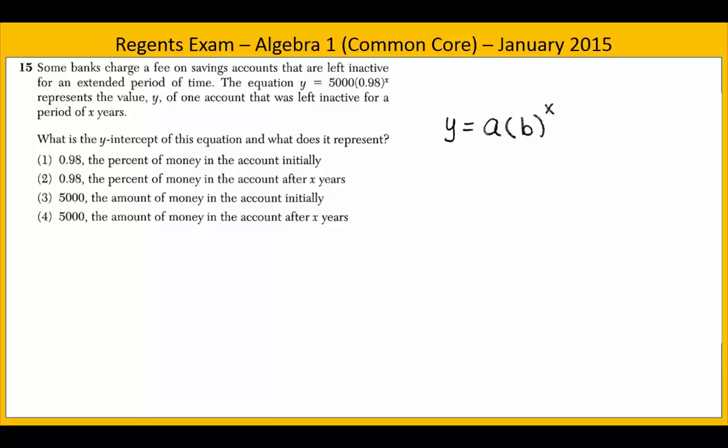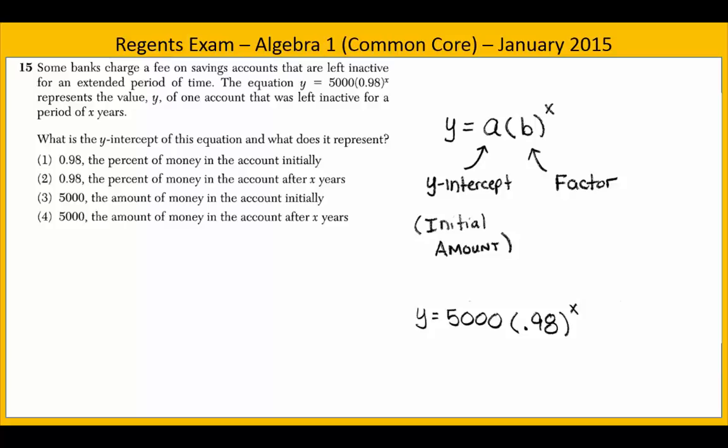You probably recognize this as an exponential function of the form y equals a times b to the x. In an exponential function, a represents the y-intercept, or the initial amount. B represents the factor. Which of the following is the y-intercept? Well, in our equation, y equals 5,000 times 0.98 to the x, 5,000 is the y-intercept. 0.98 is the factor.